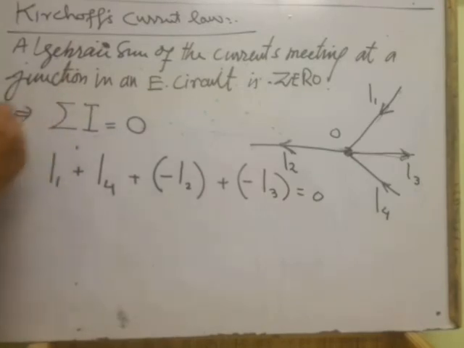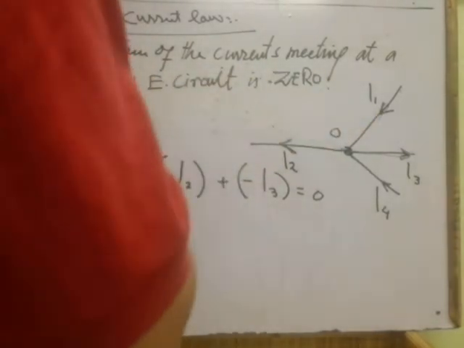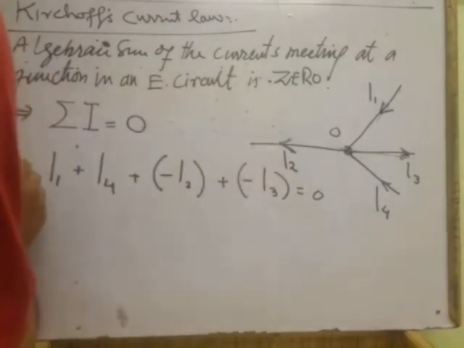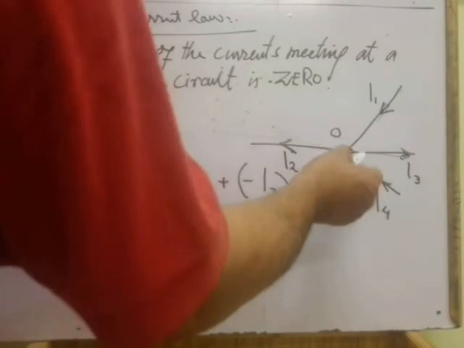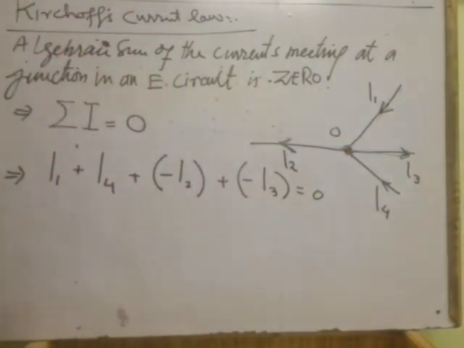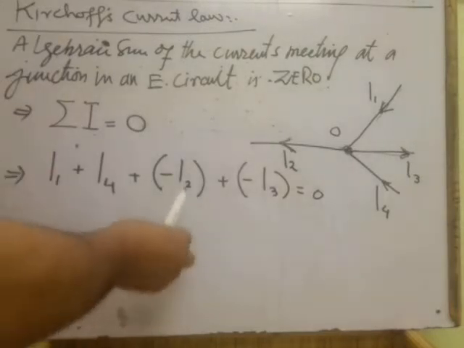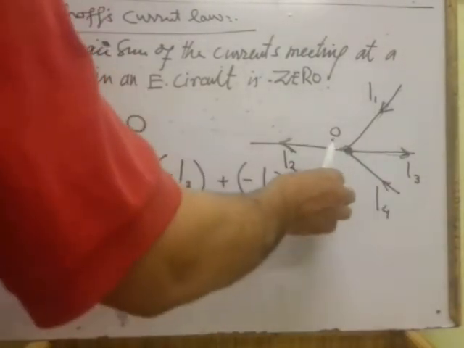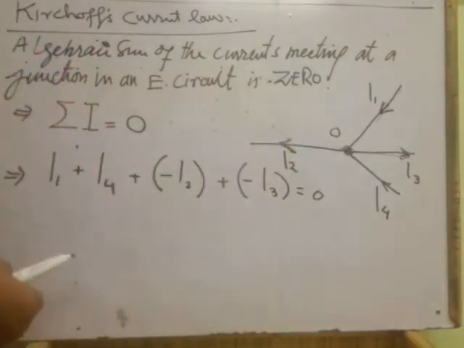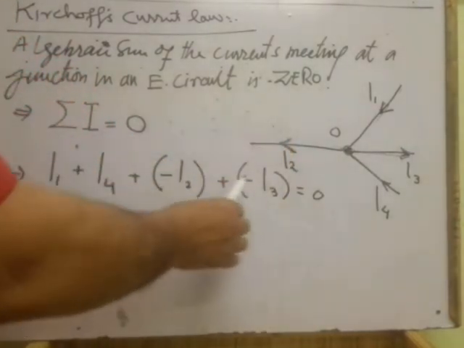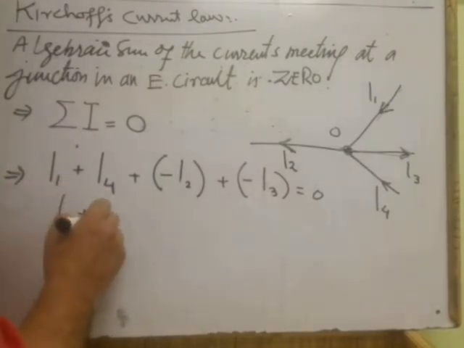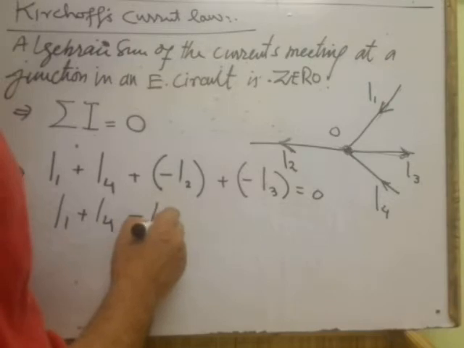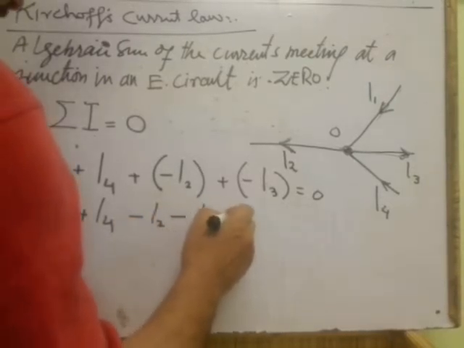I1 and I4 are entering the junction, so we take them as positive conventionally, and I2 and I3 are directed away from the junction, coming out of it, so we take them as negative conventionally.